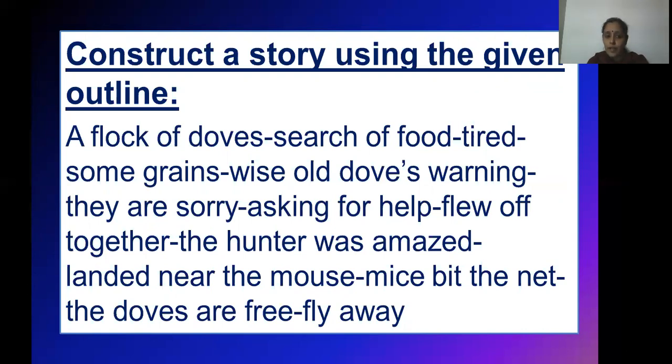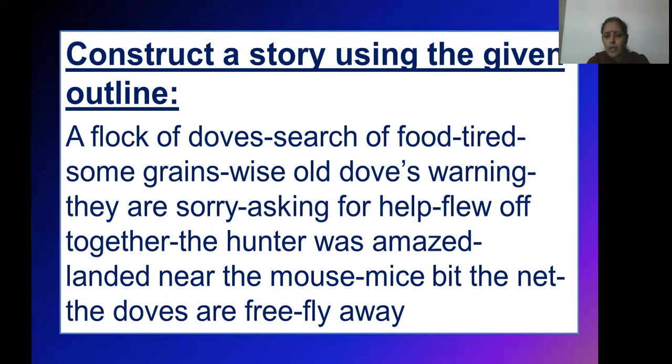Okay, let's read it once again. A flock of doves, in search of food, tired, some grains, wise old dove's warning, they are sorry, asking for help, flew off together. The hunter was amazed, landed near the mouse, mice bit the net, and the doves are free and they fly away.